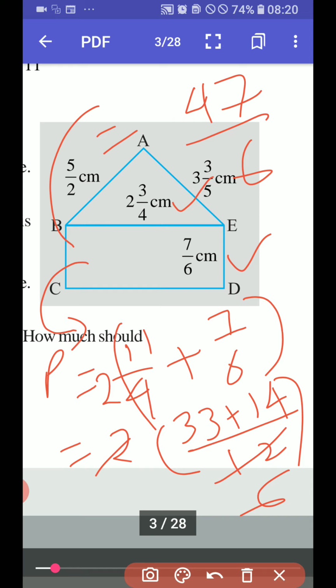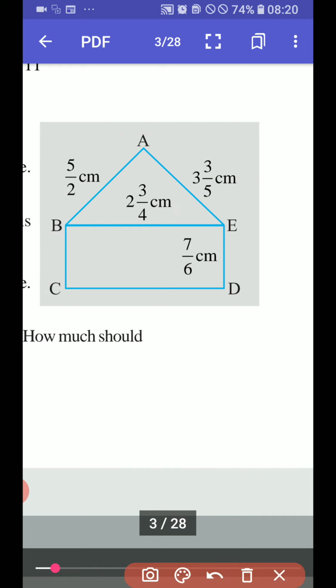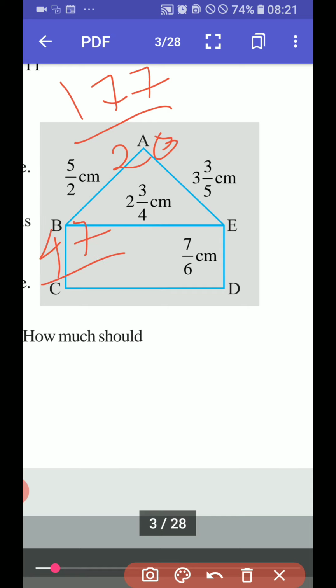For the comparison, as we know, we need to convert both results into like fractions. Let us see how to convert to like fractions. The first fraction is 177 by 20 and the second fraction is 47 by 6, right? At first we will convert them to equal denominators.